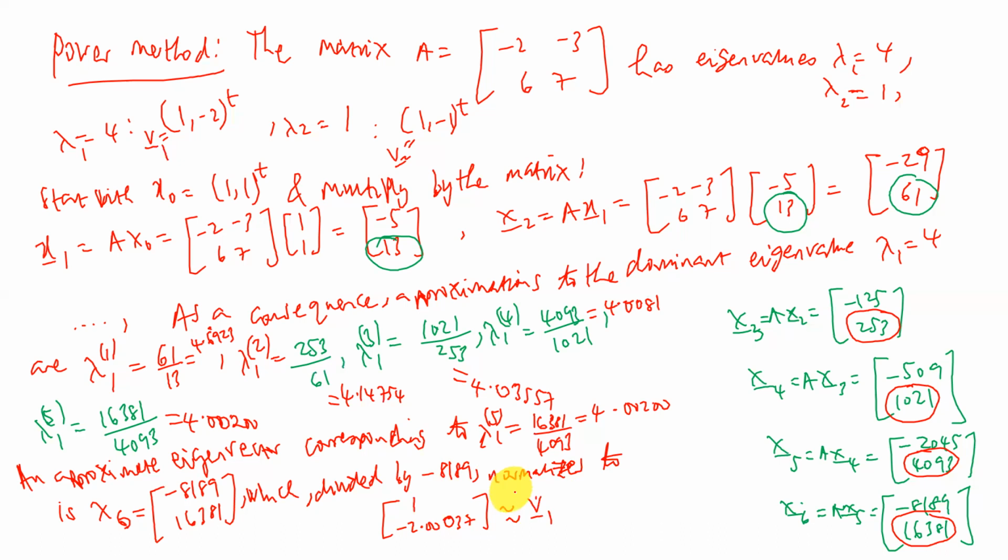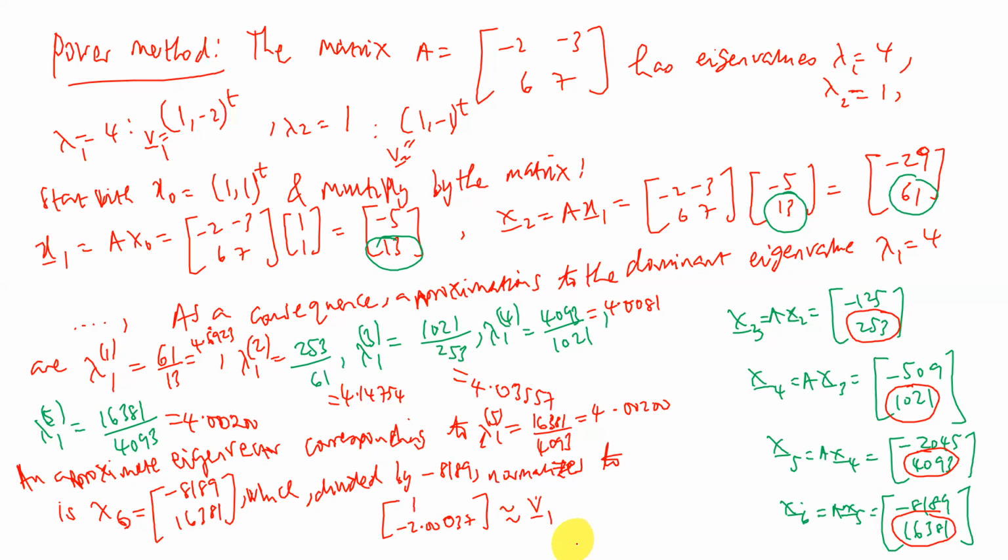In other words, we have found the approximate vector corresponding to the 5th one, and it is x6, which divided by minus 8189, the upper entry here, normalizes to this.